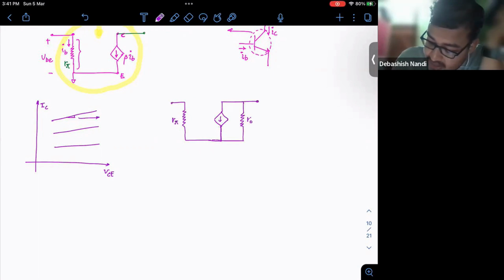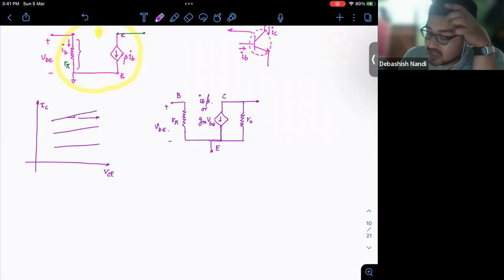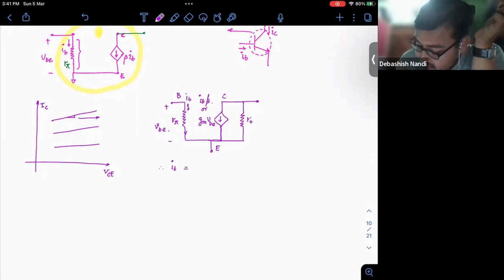This is your R pi, this is B, this is your E, this is C, this is GM-VBE, or you can say IB into beta, this is your VBE. Note that your IB is nothing but VBE by R pi, right?